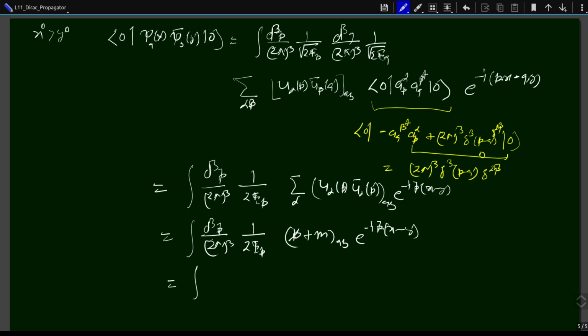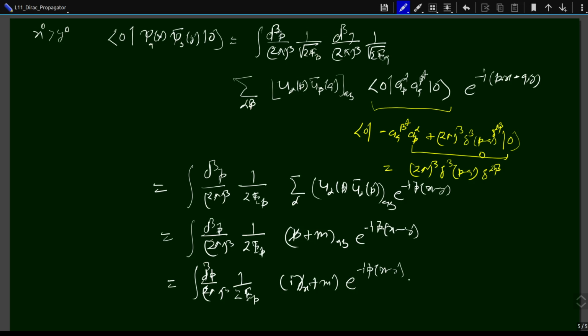And I can write this in terms of a derivative operator, d3p 1 by 2E_p, and the derivative operator you can easily check is i times del slash x. x says that it is the derivative with regard to x, not with regard to y, plus m, of the exponential e^(-i p.(x minus y)).